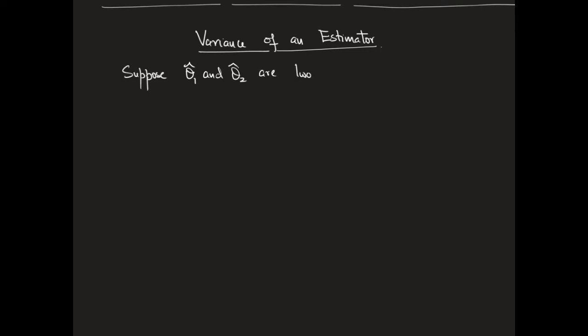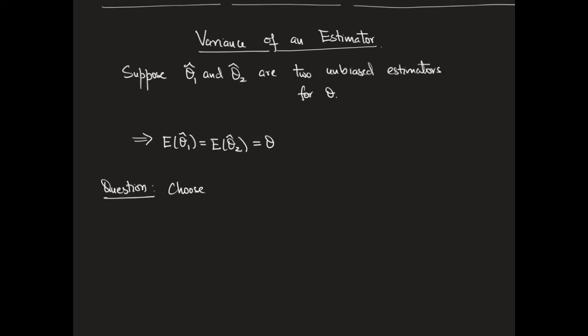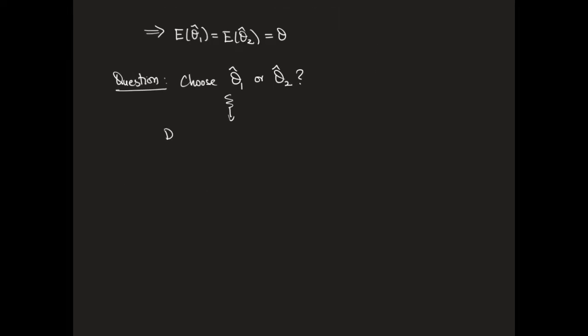So suppose theta 1 and theta 2 are two unbiased estimators for a given parameter theta. This means that the expected value of theta 1 check and theta 2 check both equal theta. So the question now is, what do we choose, theta 1 or theta 2?